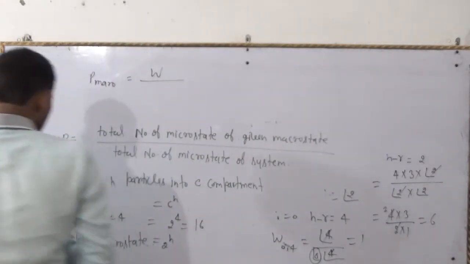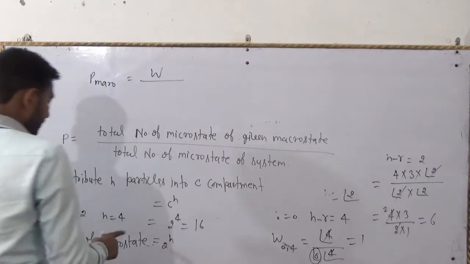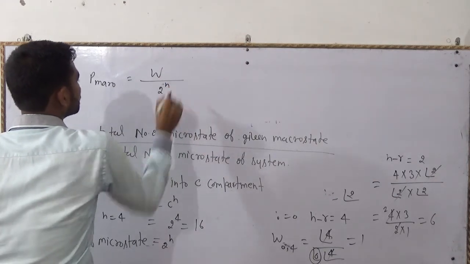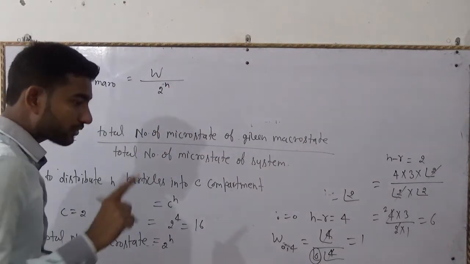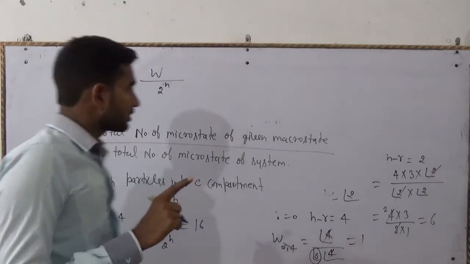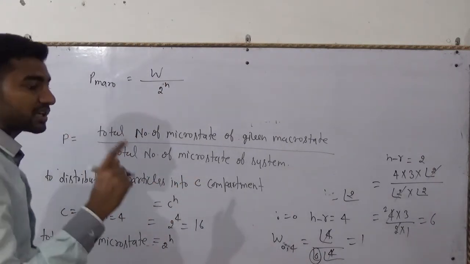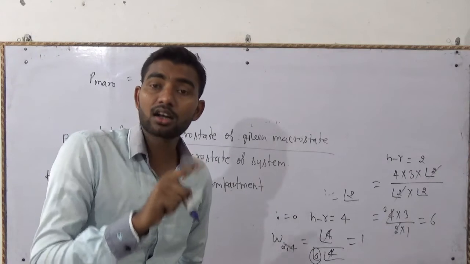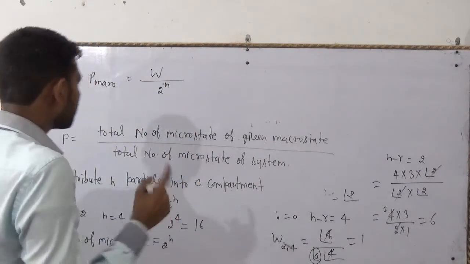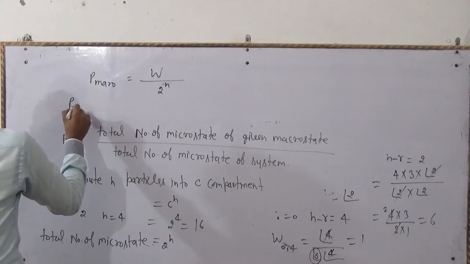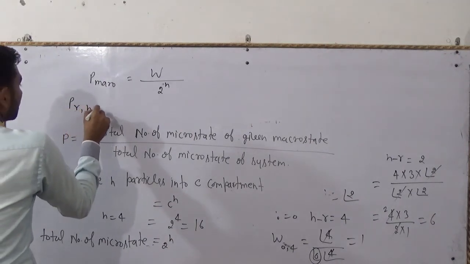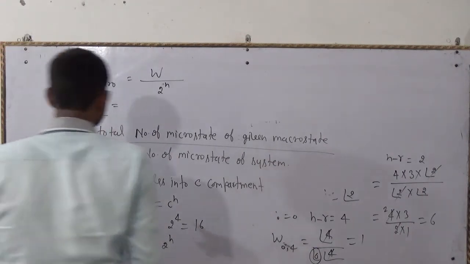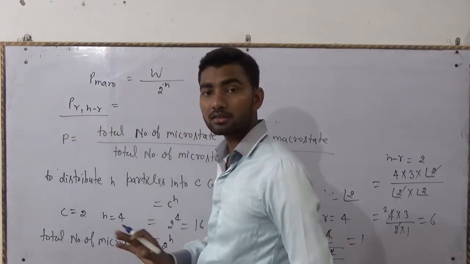So the total number of microstates we calculate by the formula 2 to the power of n.